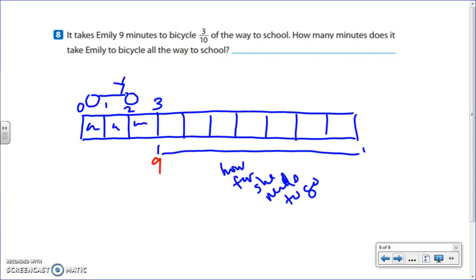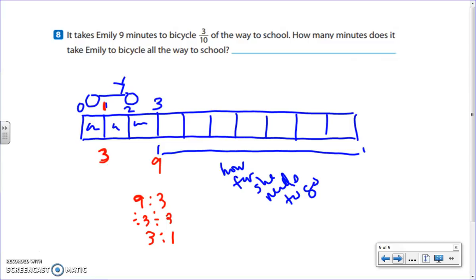So I could figure out a unit rate for this problem, or I could use equivalent fractions. We need to know how many minutes it takes her to get all the way to school. So that is what I'm going to do in this case. I see that 3 is to 9, like 1 is to 3. Or I can think about the comparison 9 to 3 and divide by 3, which is 3 to 1. So 3 to 1.